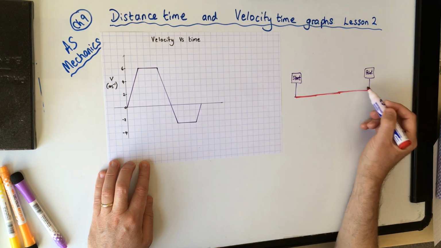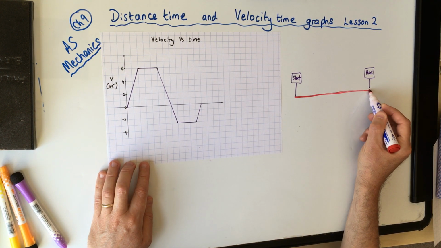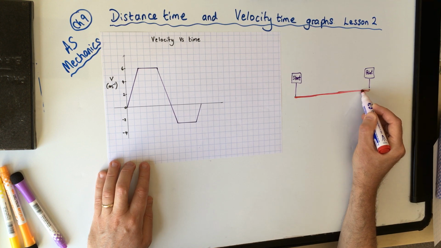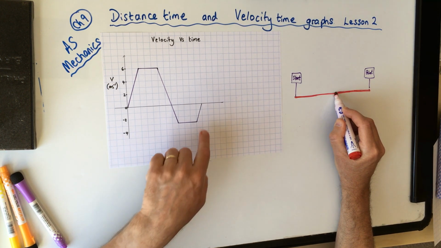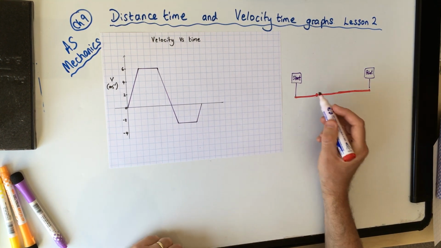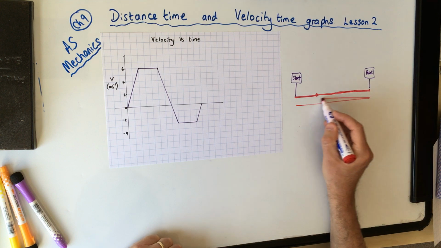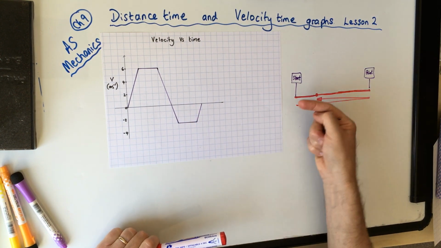The fact it's minus means he's speeded up, gone all the way, slowed down, stopped there, immediately hit reverse in the car or started walking back, and is speeding up going in the opposite direction, constant velocity back, and then decelerating a little bit and stopping again. That's what that journey is. The minus is coming back the other way.